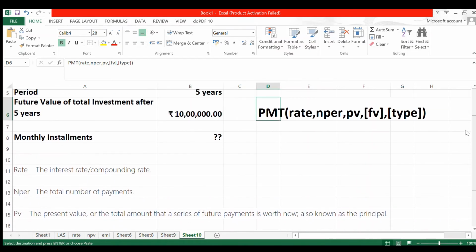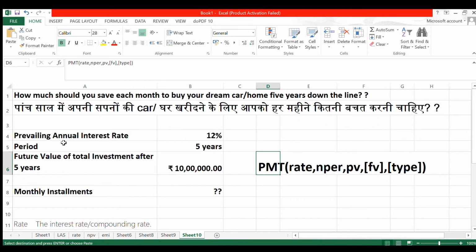Now let us check an example scenario. We can see over here the prevailing annual interest rate or the compounding rate is 12%. So it is the annual interest rate. We are planning to save for 5 years.